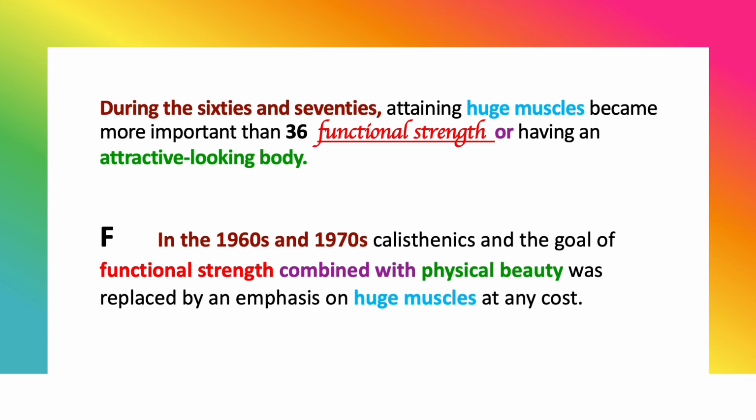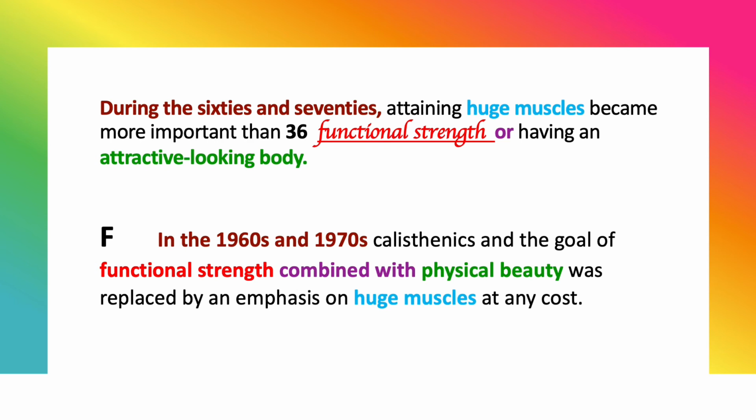Let's take question number 36. The first phrase helps you spot the location easily. It's section F. While skimming from the beginning, you will find the phrase huge muscles. Then scan that specific area and again read the question and identify synonyms.